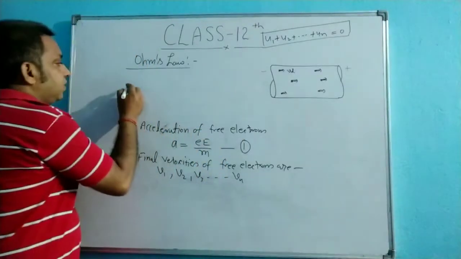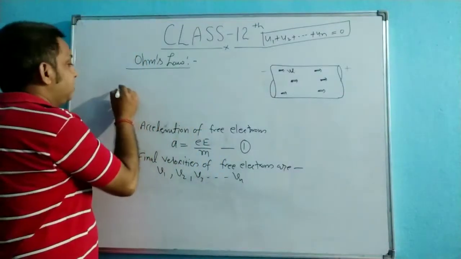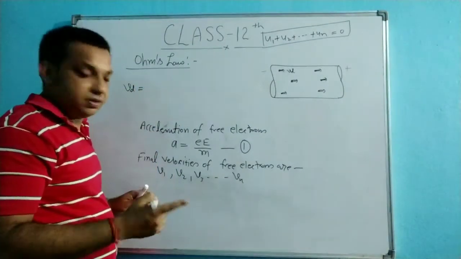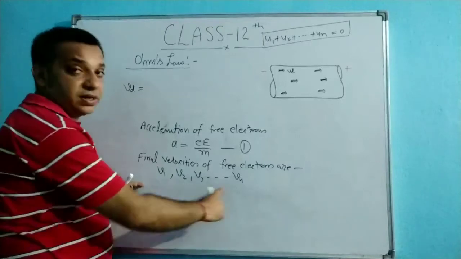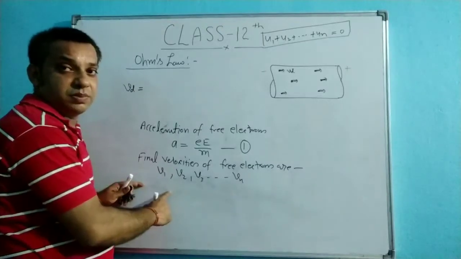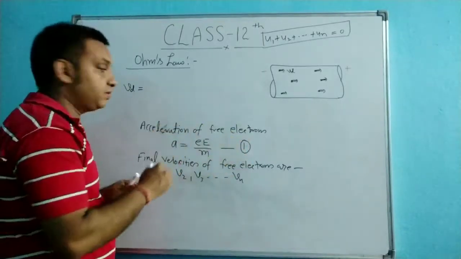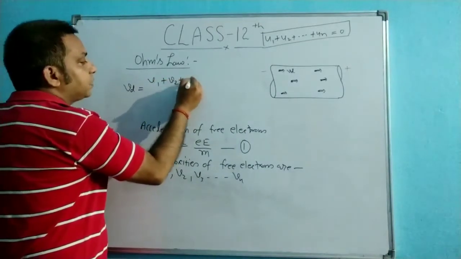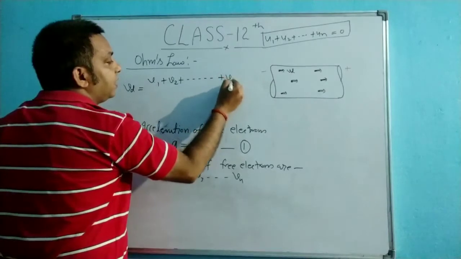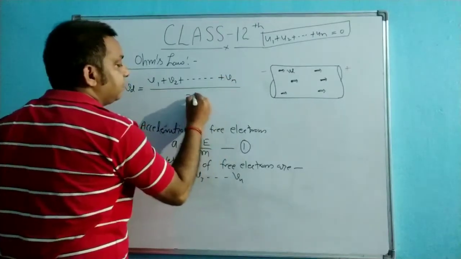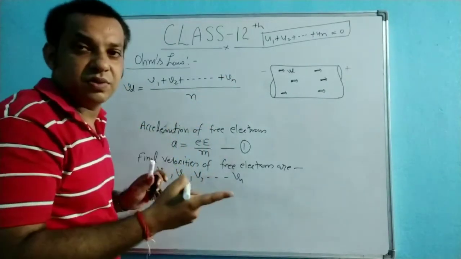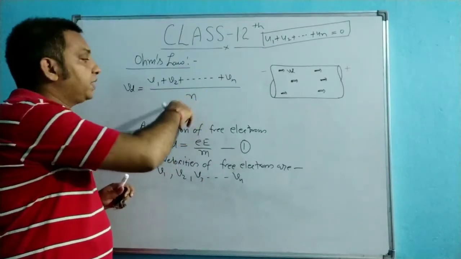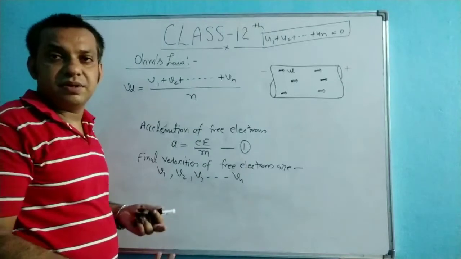So according to the definition, Vd is equal to the average of these velocities, because these are the velocities after application of the potential difference. So Vd is equal to v1 plus v2 plus dot dot dot plus vn, divided by n, because we have to take the average velocity and we are considering n items. Simple, the average.